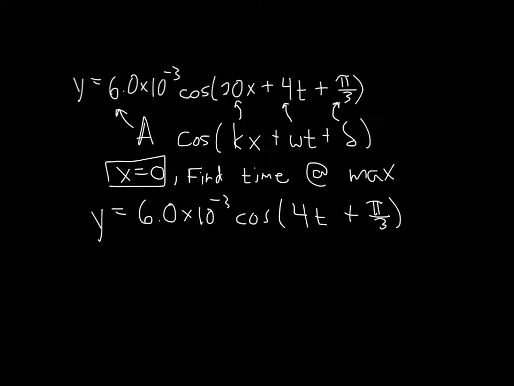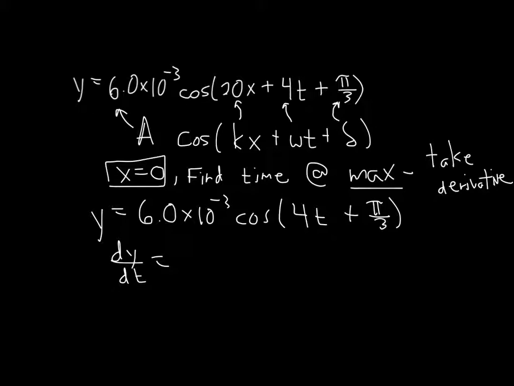If we remember, finding the maximum of a function means that we take the derivative and we set it equal to 0. This should be stuff that you remember from your prerequisite courses and from earlier in the semester when we found some maxima. So I need to take the derivative of y with respect to the variable t, with respect to the time.